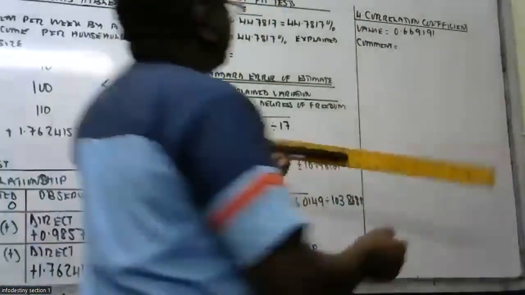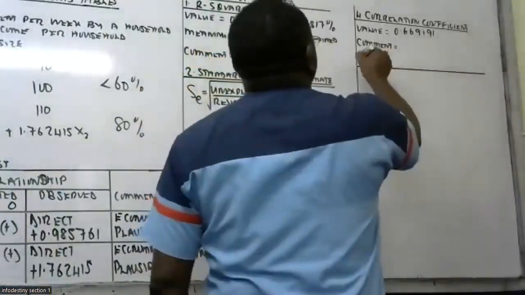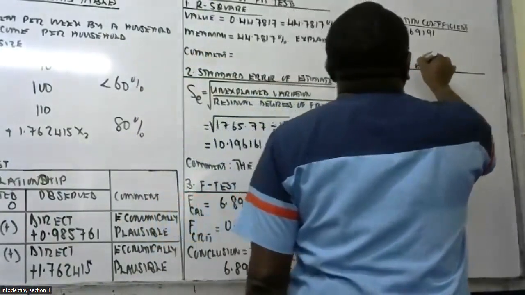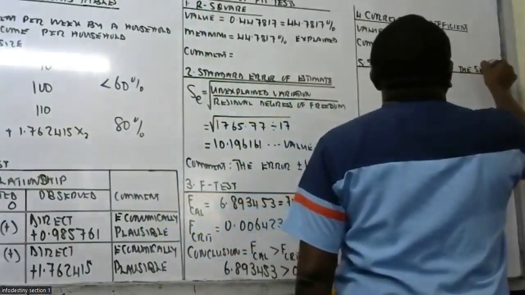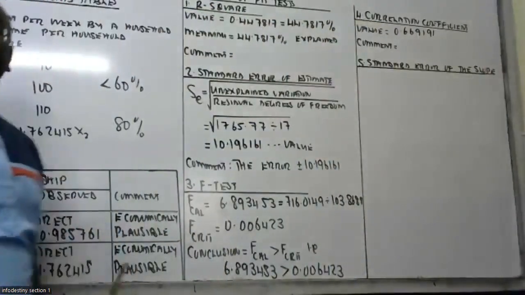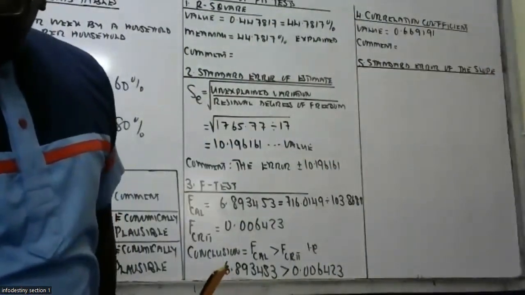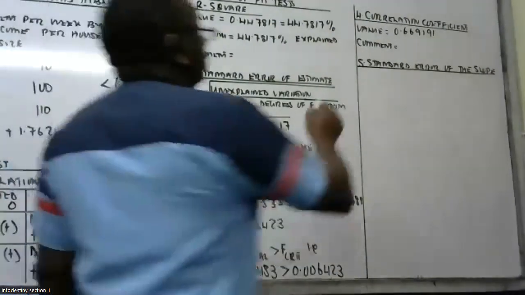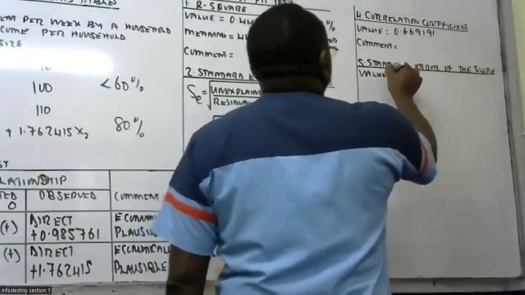So the next test is number 5, standard error of the slope. The standard error of the slope is given in the table of coefficients. There are 2 of them.